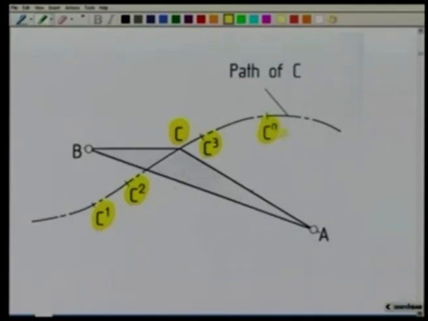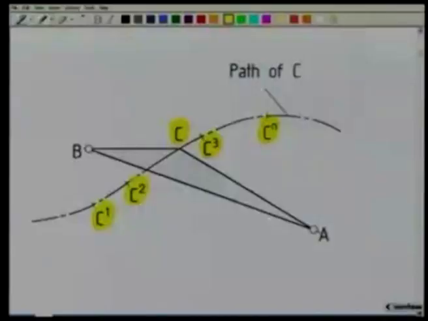This is Cn, n can be 3, 4 or 5 depending on the problem statement. So, this is path generation without any coordination with the input movement. We are not bothered about the input movement as the coupler point goes from C1 to C2 or from C2 to C3.